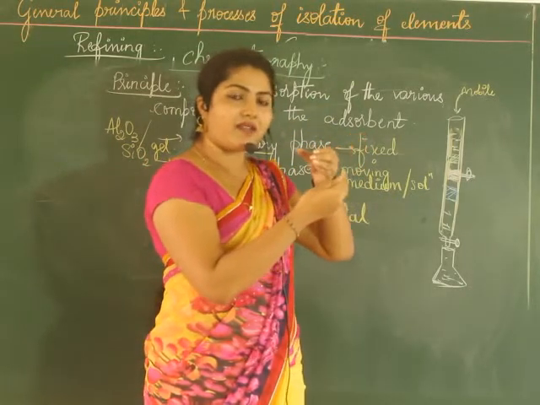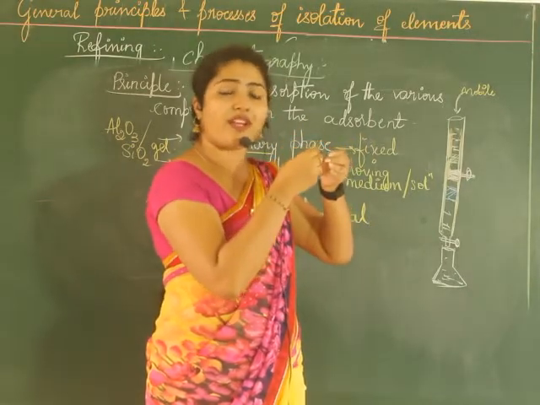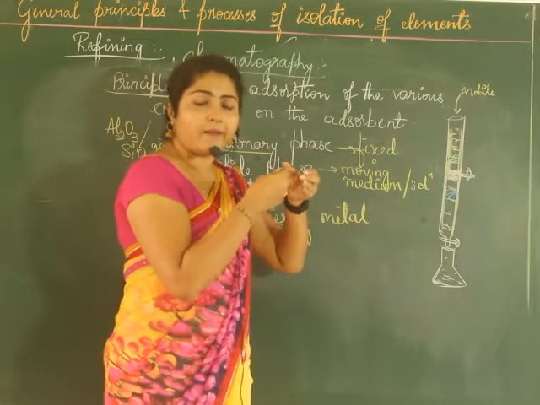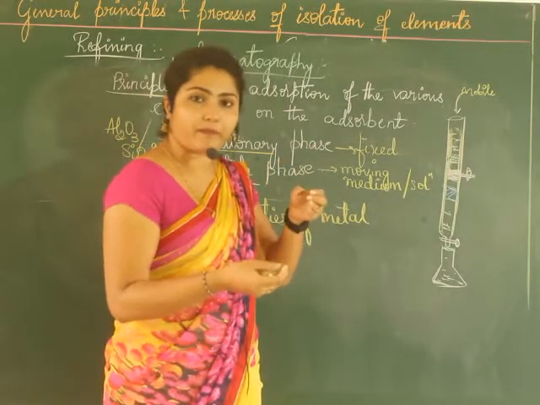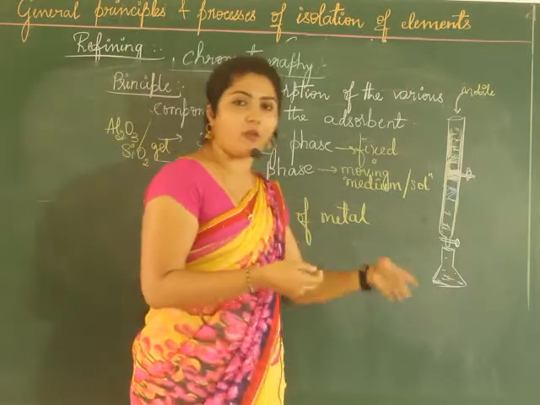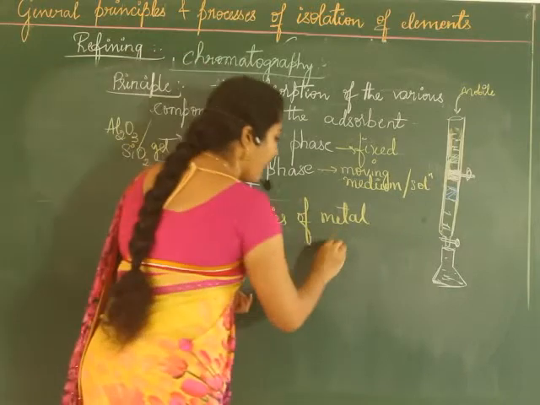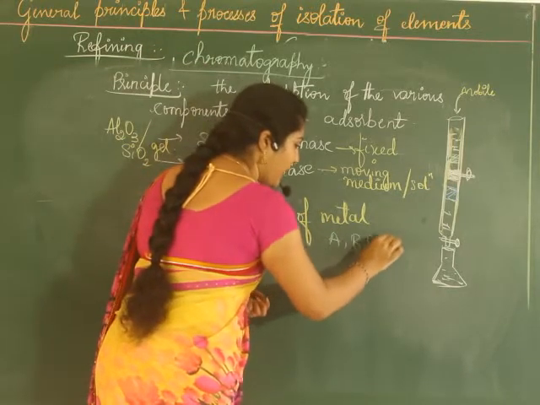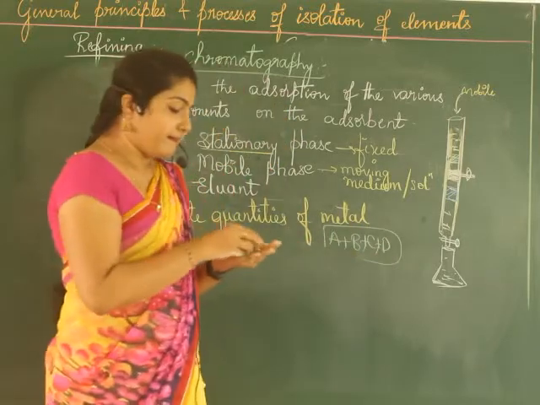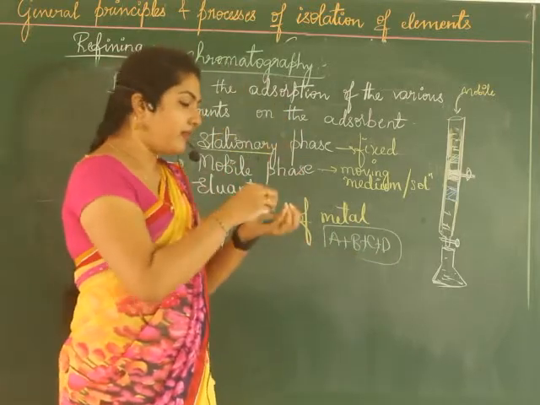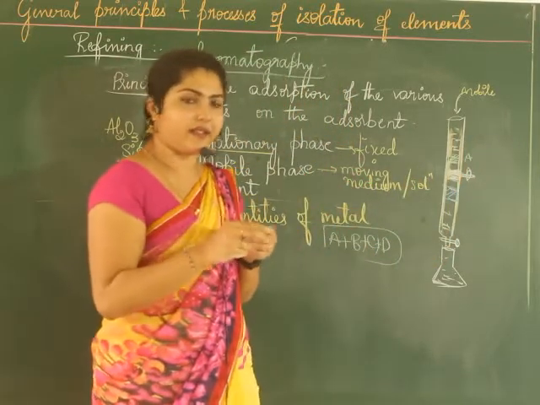Now it depends on the nature of the adsorbent and the components present in the solution. Different components have the ability to react in different ways. For example, you have taken aluminium gel, and a mixture with components A, B, C, D. When it is moving, at a point A gets adsorbed, as it has the ability to adsorb soon.